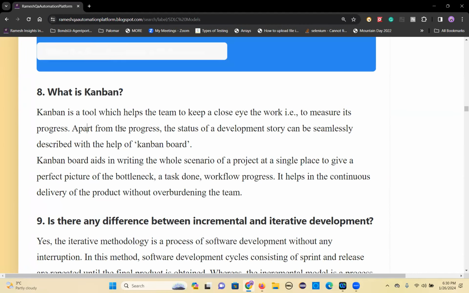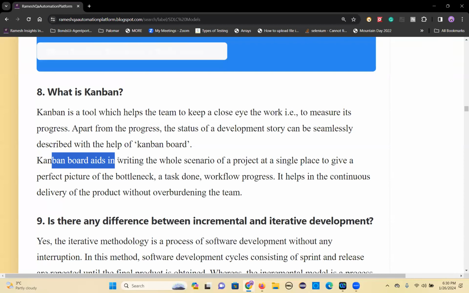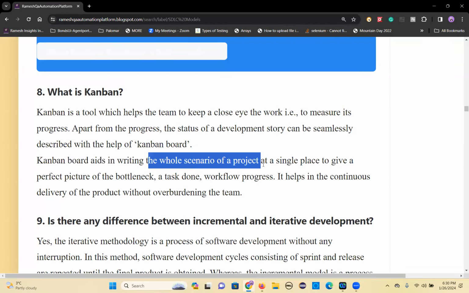The Kanban board is a tool which helps the team keep a close eye on the work. Basically you will measure the team progress. The Kanban board aids in showing the whole scenario of the project in a single place. That means in one dashboard, you can see all the tasks for each sprint.